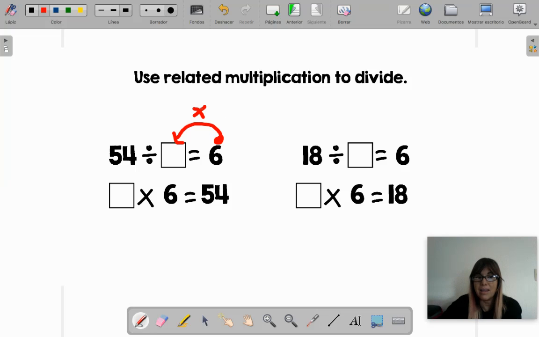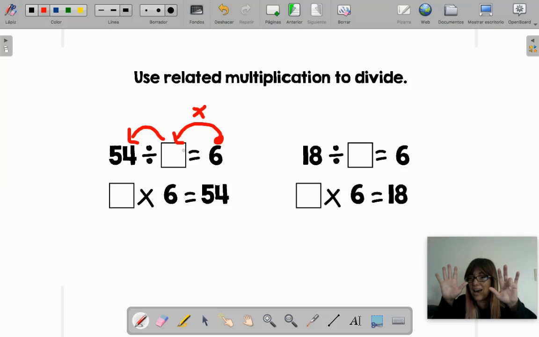6 times what gives you the 54 that we have here? 6 times what? So let's do the 6 times tables until we say 54. I think I found a way to count by 6, 12, 18, 24, 30, 36, 42, 48, 54. So what finger is this?